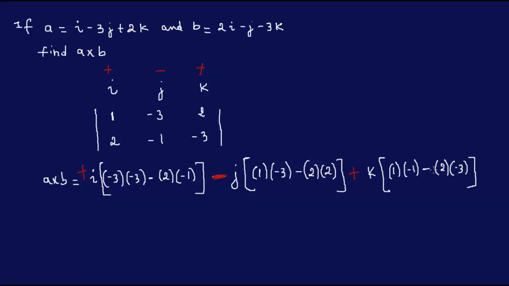Okay, so now from here on, I'm expecting a vector. Cross product, you have to get a vector. Dot product is a scalar. So that's the difference really. But this is cross product, not multiplication at all. Okay, so now I have 9 plus 2, that's 11, so I have 11i.